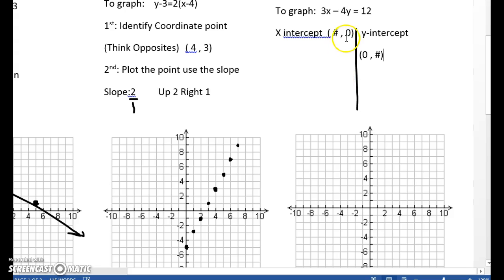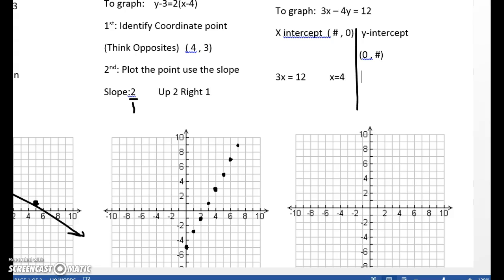So the way we find this is using this 0 here, we are going to know that if I take the 0, plug it in for my y, for my x-intercept, this whole piece is going to go away, right? Plugging in 0 here for y makes this whole piece go away, leaving me with just 3x is equal to 12. Right, and I'd be able to divide both sides by 3 there to figure out that this x-intercept is at 4.